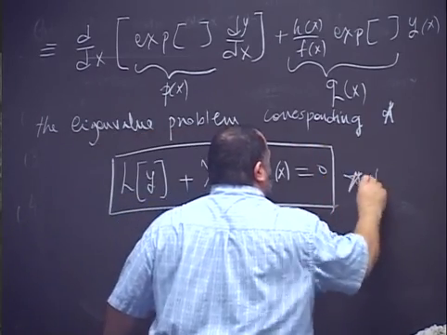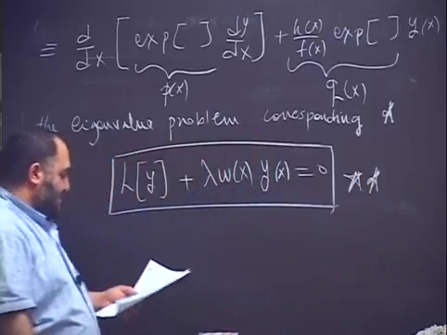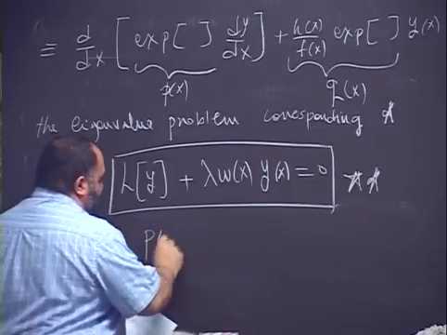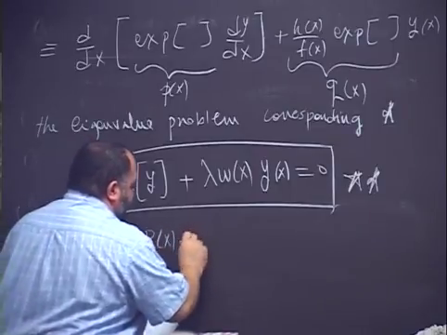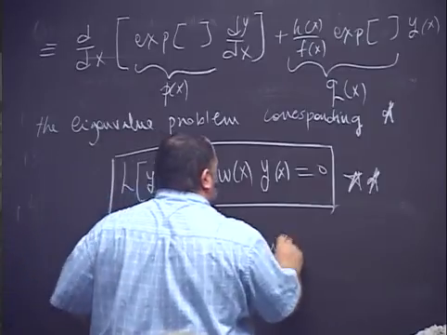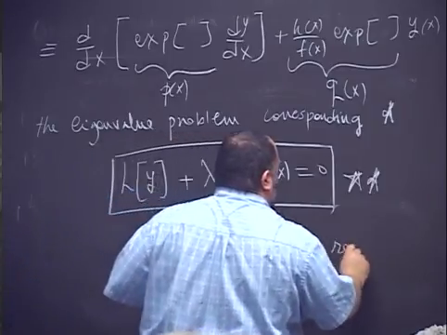We call this double stars. We note here that p of x, q of x, and omega of x are all real functions.